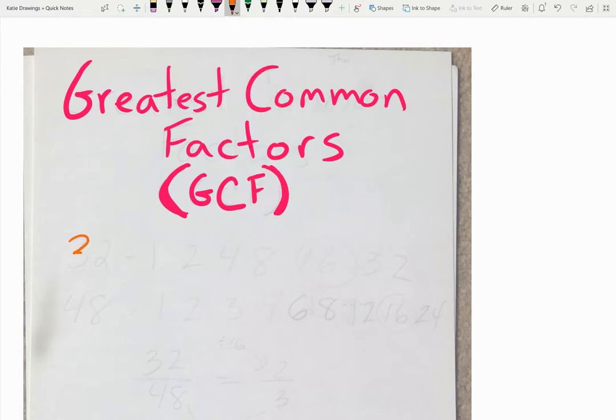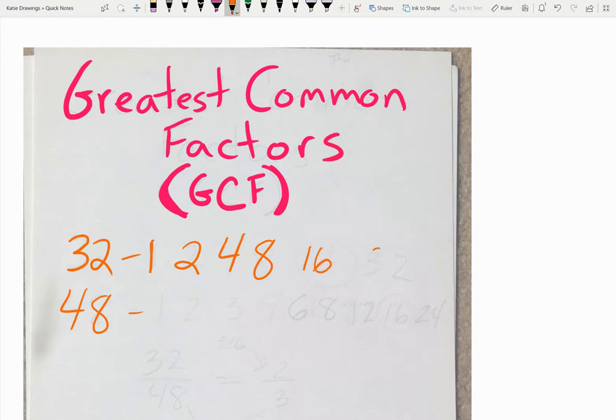I have two numbers here, 32 and 48. What I'm basically going to do is think, what numbers can I divide into these numbers? 1 can go into 32. 2 can divide into 32. 4 can go into 32. 8 can go into 32. 16 can go into 32.